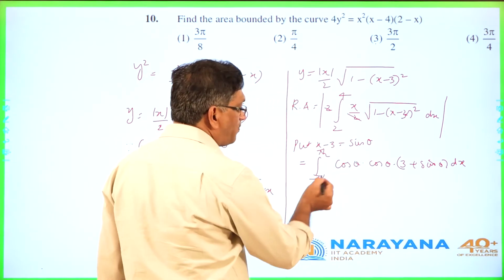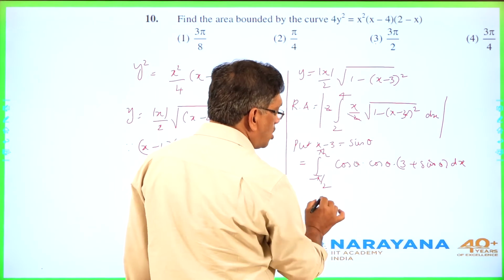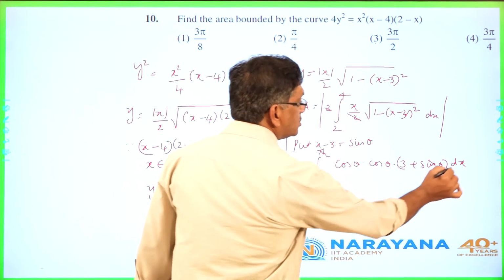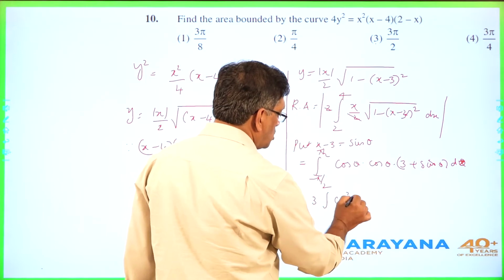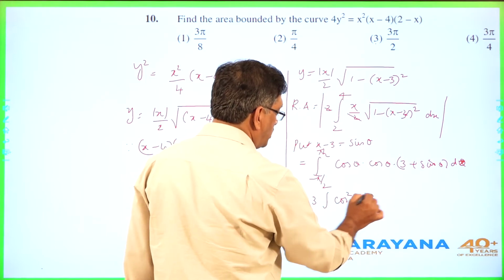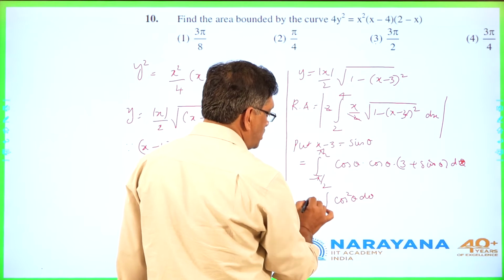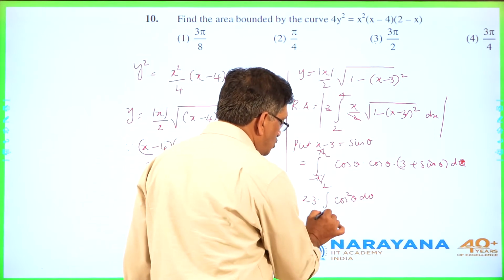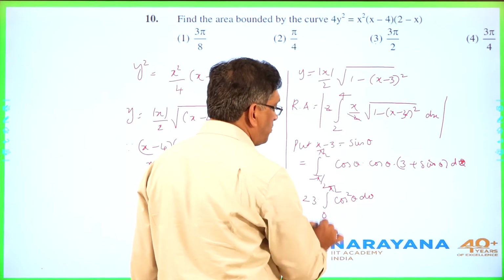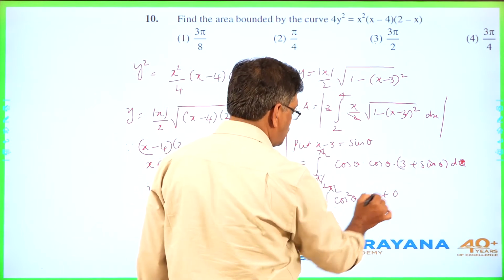So, now when you open the brackets, 3 into cos square theta d theta, of course, 3 into cos square theta d theta. Since this is an even function, we can write it as 2 times the integral from 0 to pi by 2. The other one is 0.